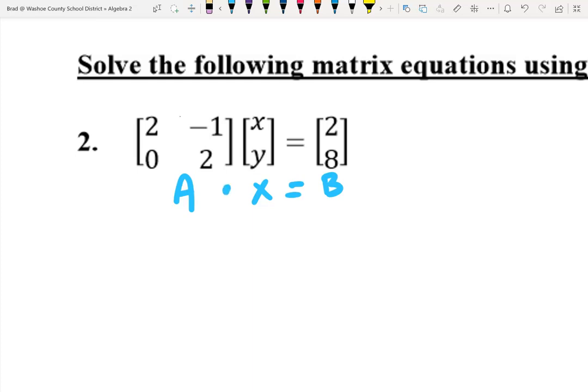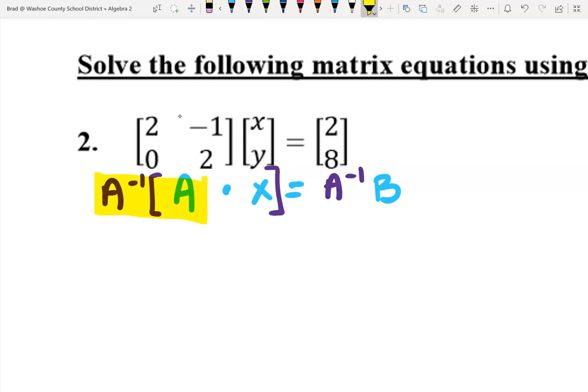So how do you solve this? What you're going to do is multiply this side by the inverse of that matrix. I'm going to multiply the inverse first, because the way we multiply matrices, the order matters.